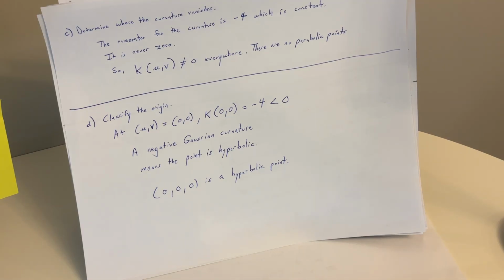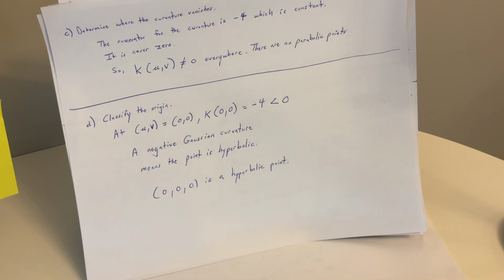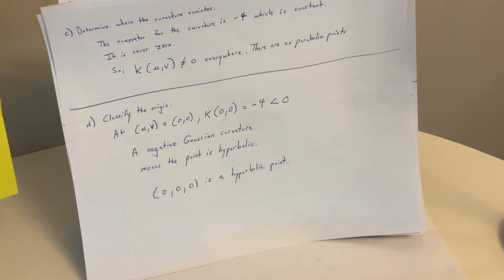Well, the numerator for the curvature, if you look back to part B, is negative 4, which is a constant. It is never 0. So your curvature K of uv cannot equal 0 anywhere. So what we could say for letter C is there are no parabolic points.